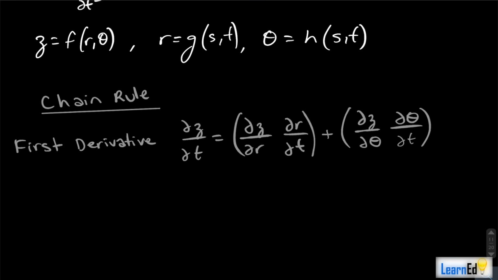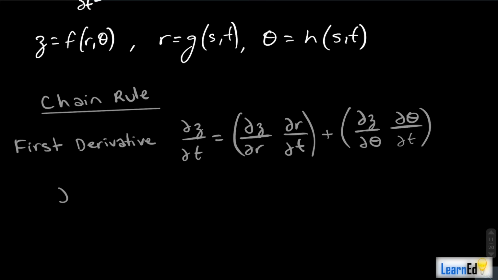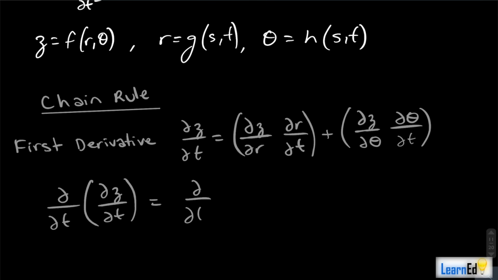Now we have to move on to the second derivative, which is going to get a little more complex. So what we're going to have to do is take a derivative on both of these sides. We're going to take a partial derivative with respect to t of each side. We have d over dt of this huge thing, and I'm just going to copy this below.